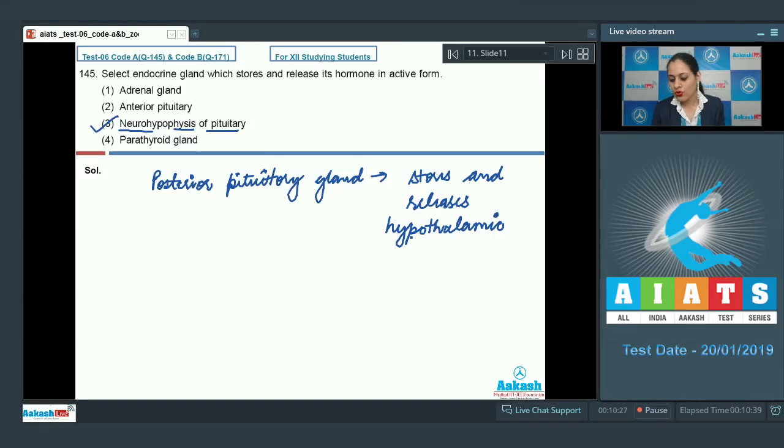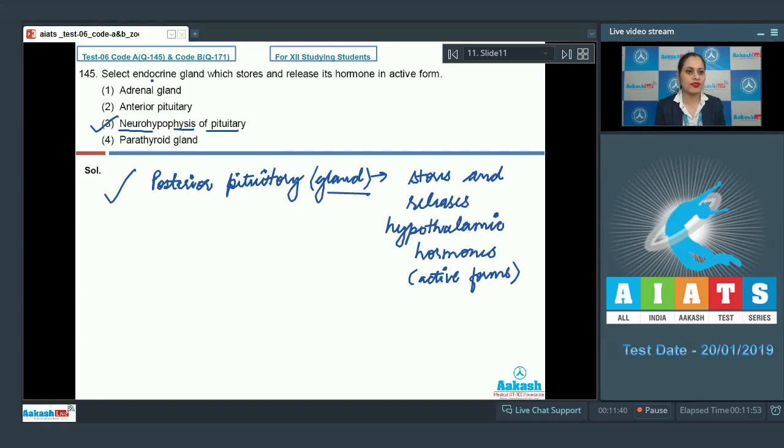That is, the hormones which are synthesized and secreted by hypothalamus but are stored in posterior pituitary, and these are in active form. These hormones are present in active form and they are released from posterior pituitary gland, also known as neurohypophysis of pituitary. Let's discuss other options also.